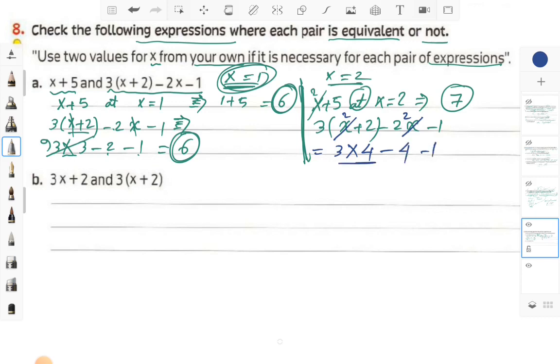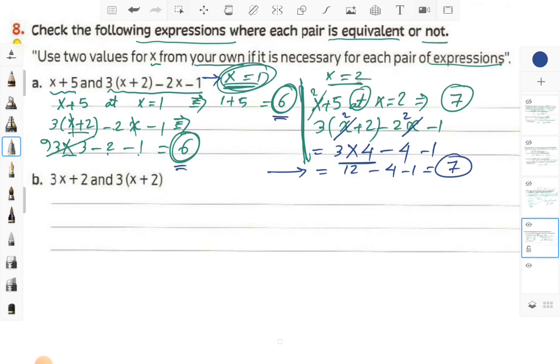Now start with multiply. 3 times 4 will be what? 12, minus 4 minus 1. Start from left to right. 12 minus 4 is 8. 8 minus 1 is 7.